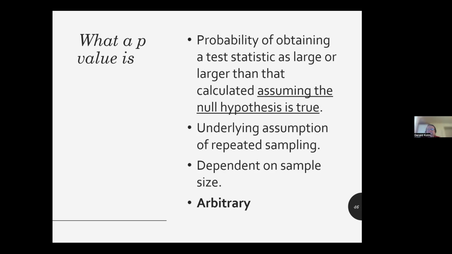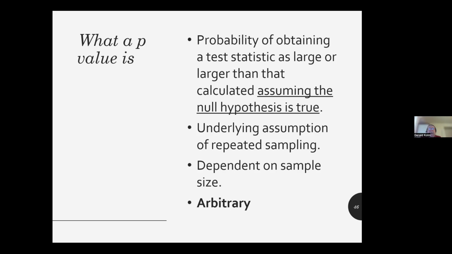The idea here is related to the concept of repeated sampling. If you were able to sample over and over again an infinite number of times, this is what you would get. It's also dependent on the sample size, and we'll talk about that probably next week.